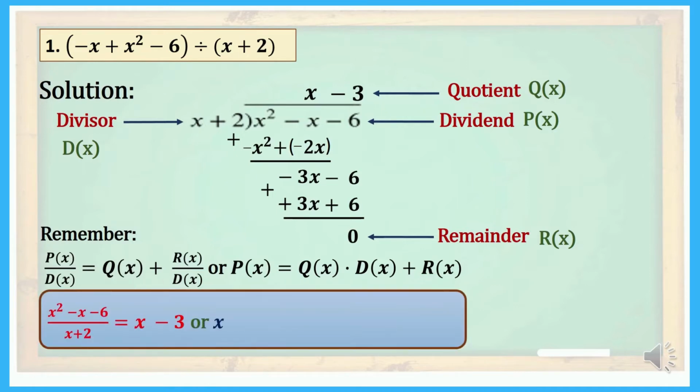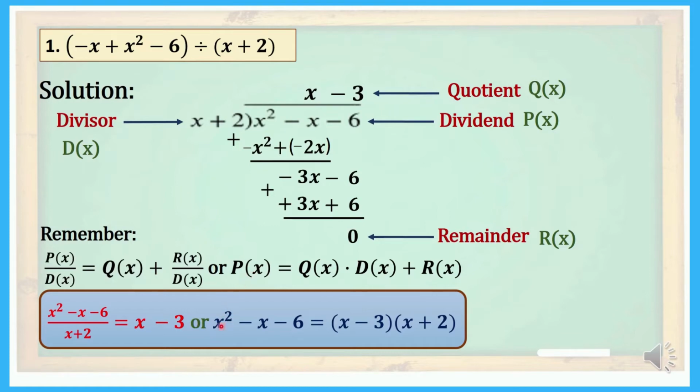So our final answer is x squared minus x minus 6, which is the p of x, over x plus 2, which is the d of x, equals x minus 3, which is the q of x. Since the remainder is 0, do not write the 0 anymore.